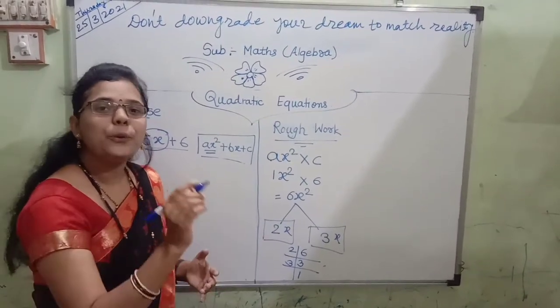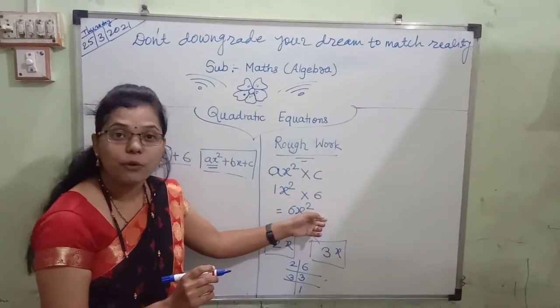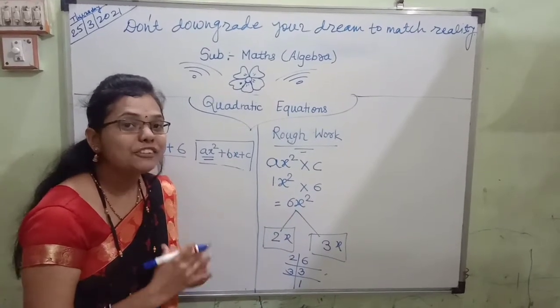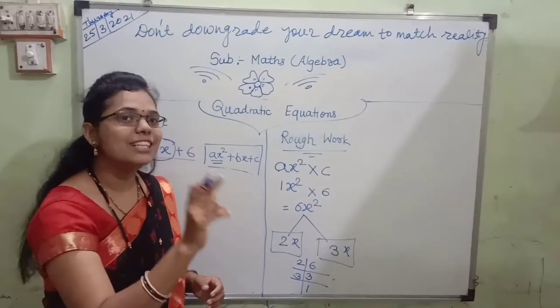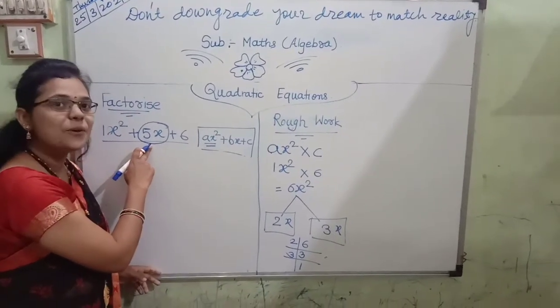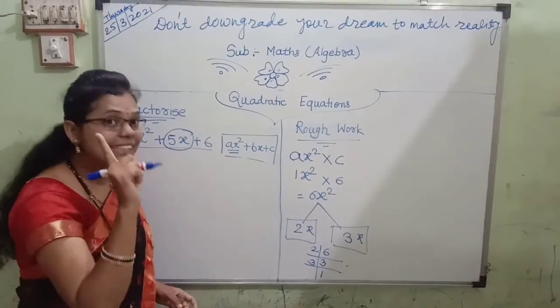So here 2x multiply 3x means 6x square. And if I ask what is the addition of these two factors, 2x plus 3x, it becomes the middle term, 5x. It means whatever factors we have prepared are correct.